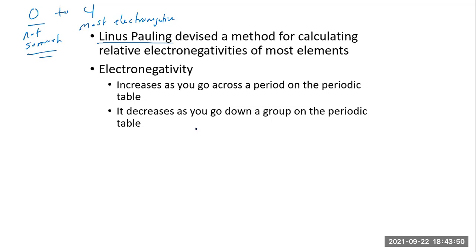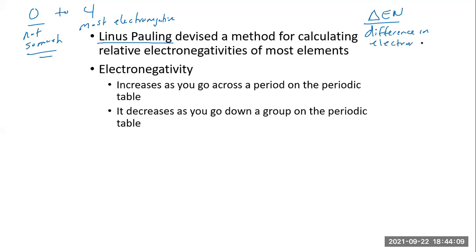So what we do to help us determine whether a bond is polar, nonpolar, or ionic is we take what is referred to as delta EN, which is the difference in electronegativity values.